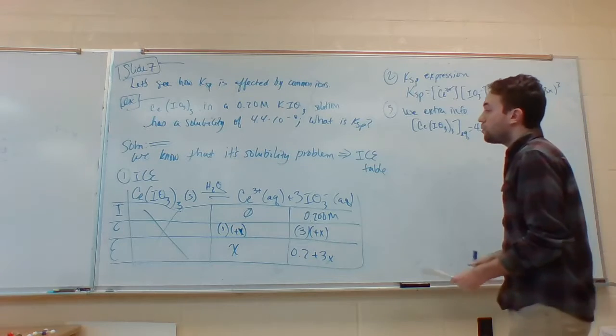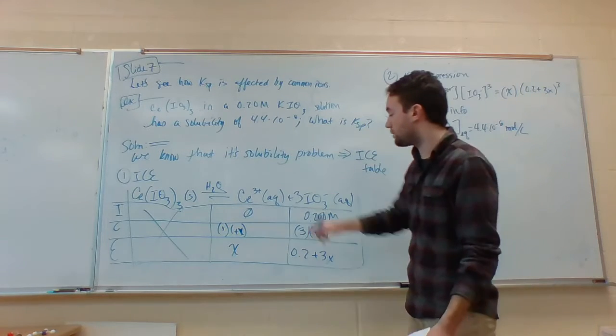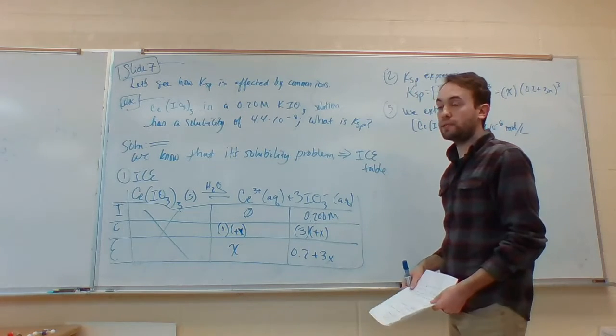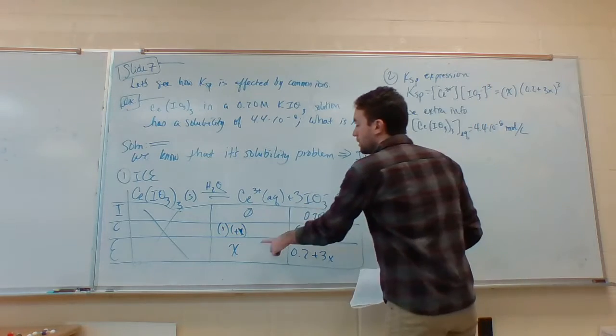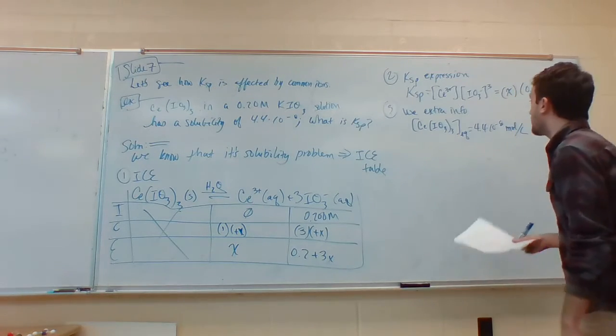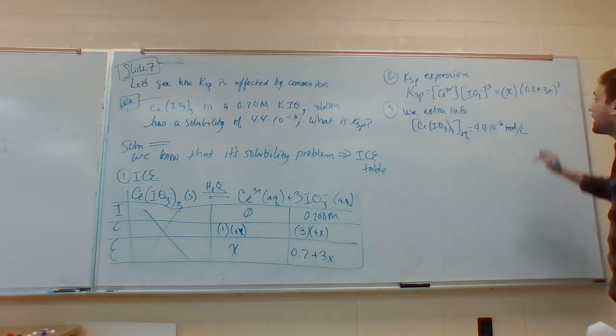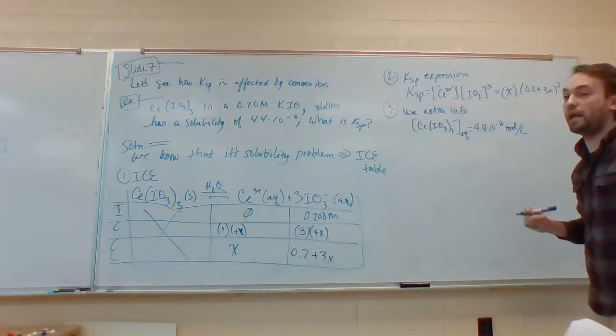So now what I want to do is convert it into cerium. Why would I want to convert it into cerium? Because it's the one that corresponds directly to x. And if I can get x, then I can plug it into that expression and get my Ksp.